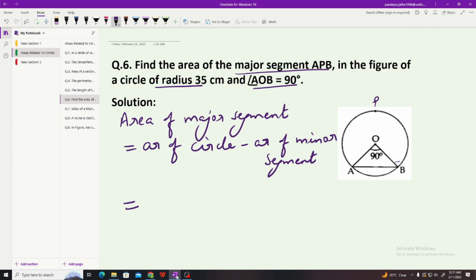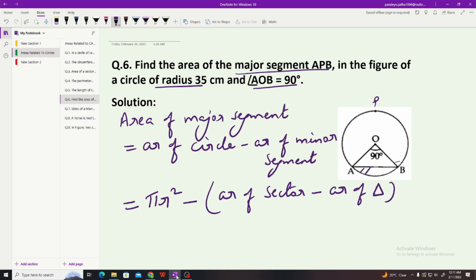Area of circle you all know, which is pi r square, minus, now here area of minor segment is area of sector minus area of triangle.